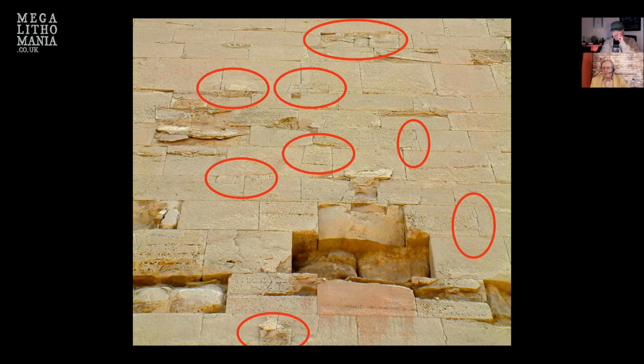And of course, if the Sphinx was looking at the precessional rise of Leo, as many people have suggested, then that would have been 10,500 BC. And that would equate with Old Kingdom pharaohs having to repair it in 2,500 BC. So again, yes, that would point in the same direction.